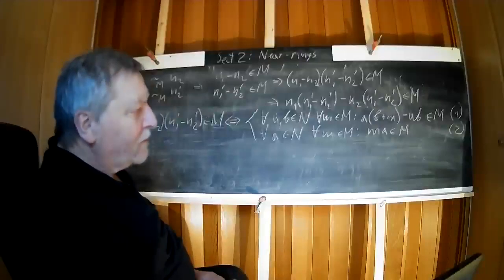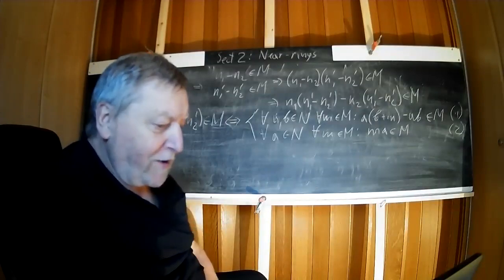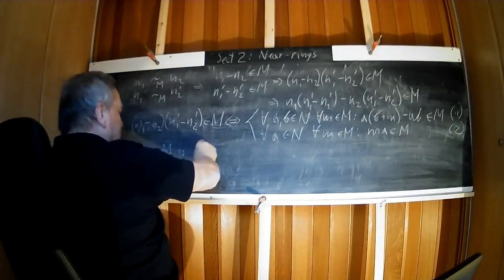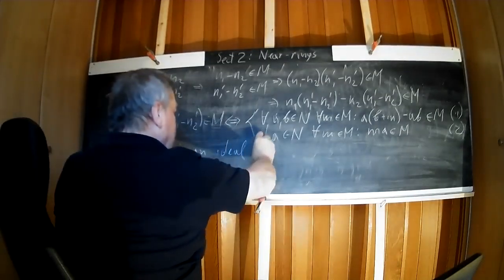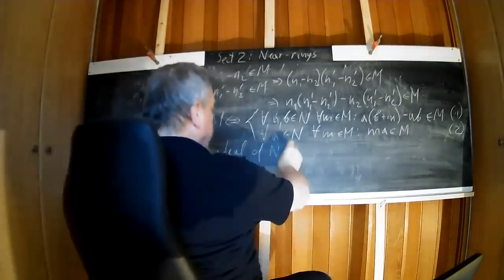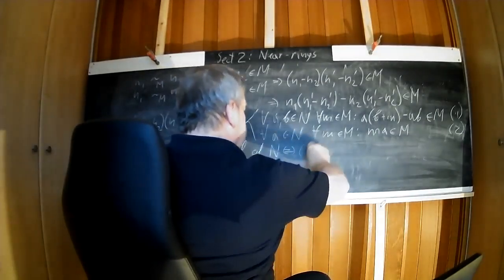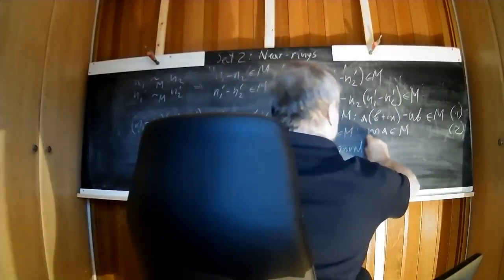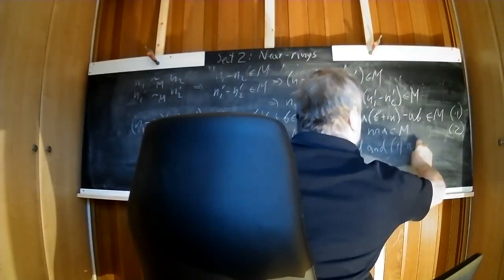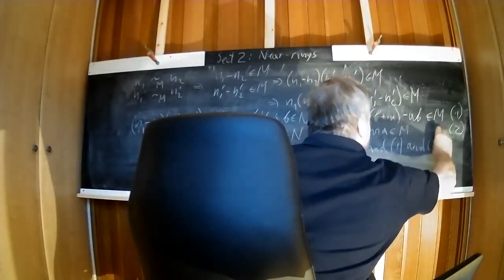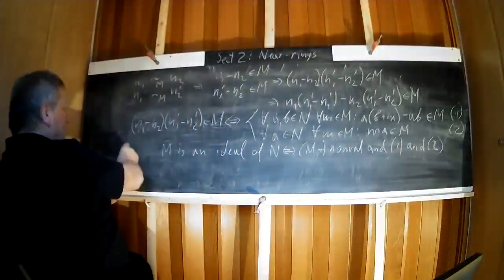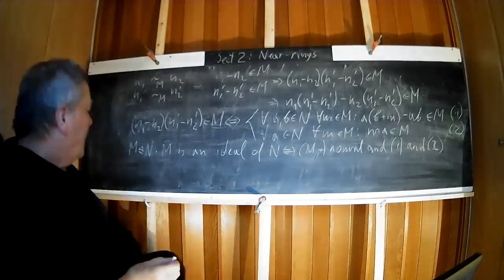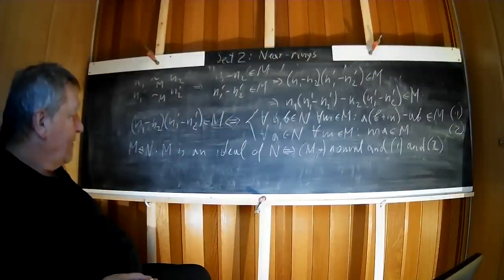In this case, we call M an ideal, and we then write M is an ideal of N if and only if, as I said, M plus is normal and conditions 1 and 2 hold.